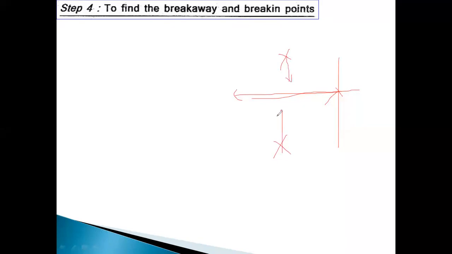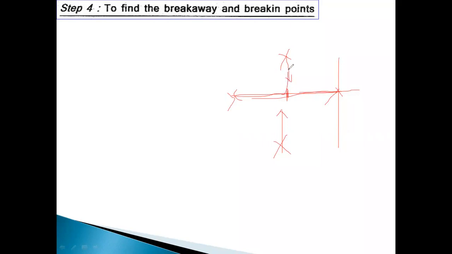If we take four poles, one root locus branch comes in this direction, the other comes in this direction, and they intersect at a particular point. That is called the breakaway point.